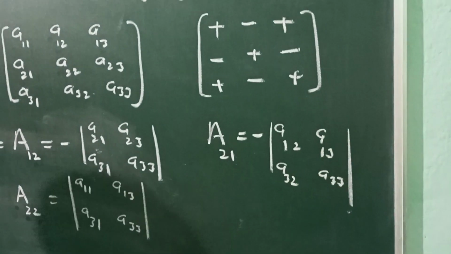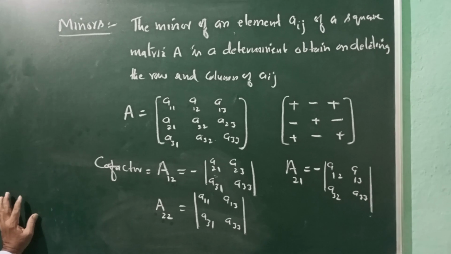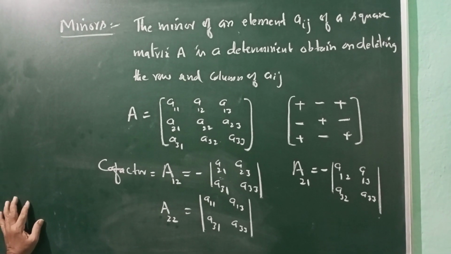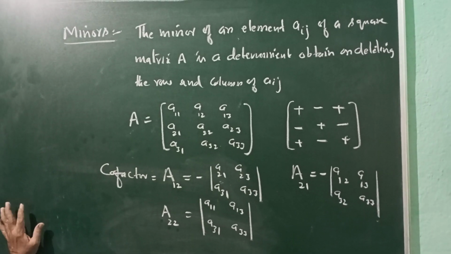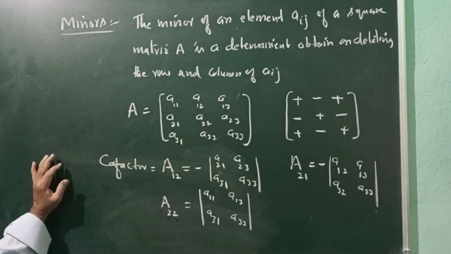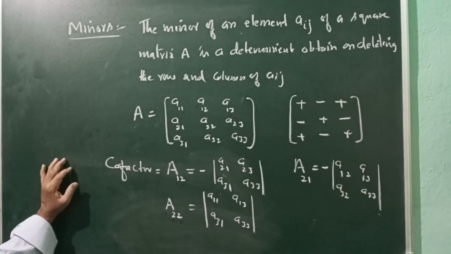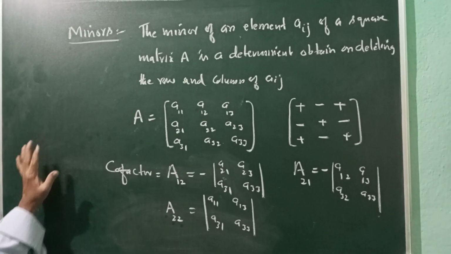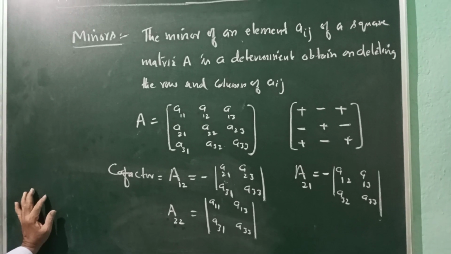So minors and cofactors play a very important role in finding the adjoint of the matrix and the inverse of the matrix. They have some properties also. Now let us mention the properties of the minors and cofactors.